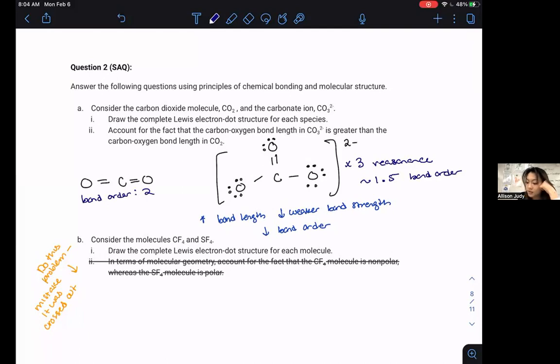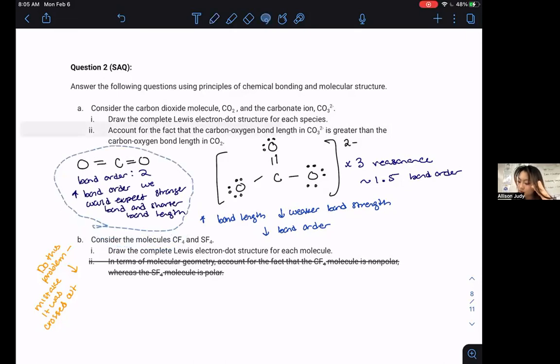So because we have a higher bond order, we would expect greater attraction, or I could say a stronger bond and shorter bond length. All right. So that's kind of the explanation for that. That tends to be a pretty common kind of FRQ, MCQ explanation.